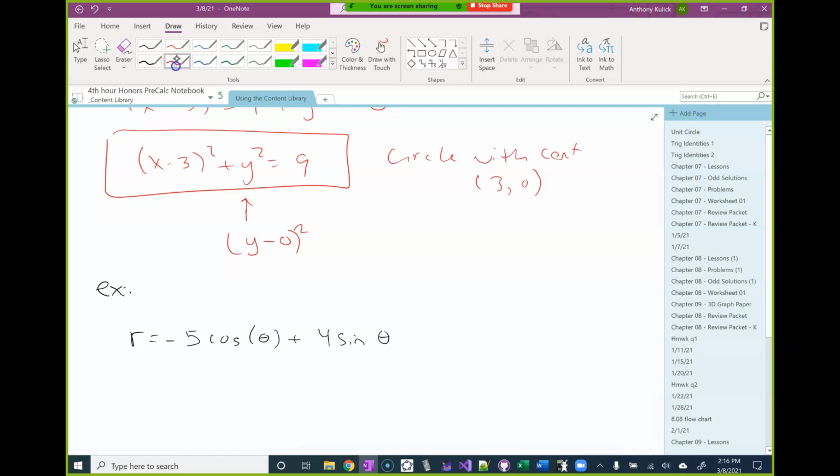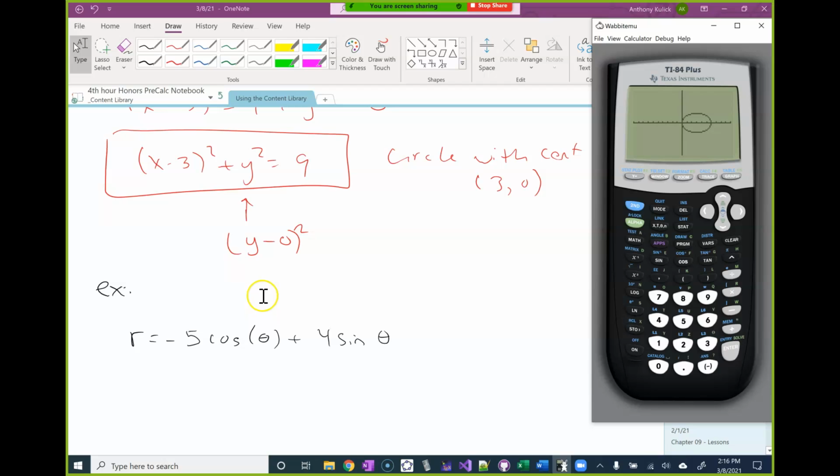Okay, let's do the same thing again. We're just going to convert this into rectangular coordinates. Before we get started, let's graph and see what this looks like to give us a little bit of intuition about where we're headed. It's often helpful to get a picture of what we're supposed to be getting, so it gives us insight about where we're going and what our end product should look like.